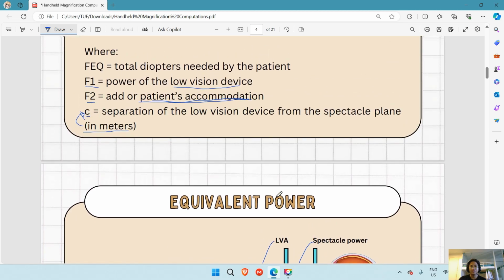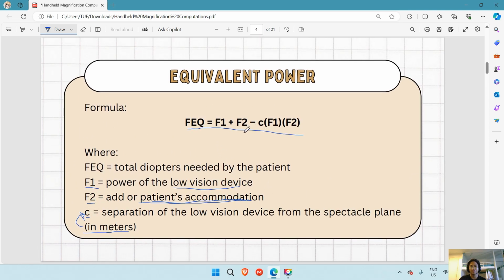So the reason why we come up with this formula is because it is an addition, okay? If there is no separation, if F1 and F2 are stuck together, obviously our C will be 0.